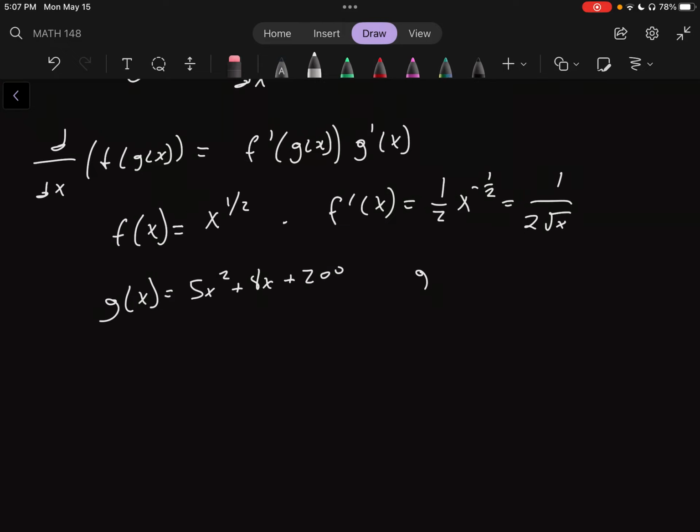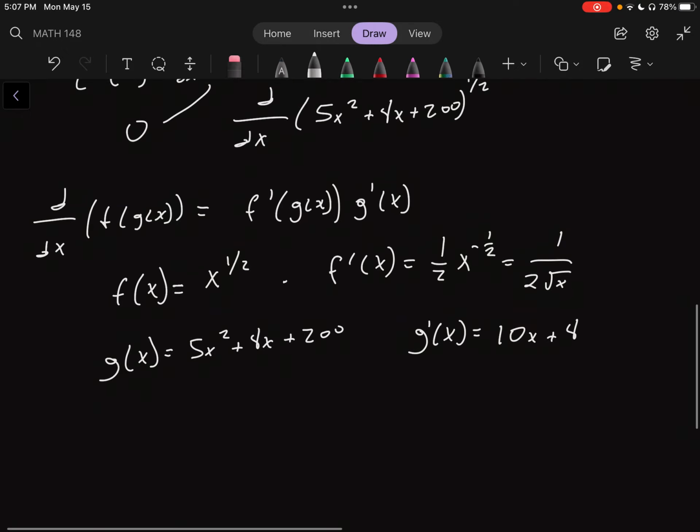And g prime of x, the derivative of 5x squared is 10x, plus 4.